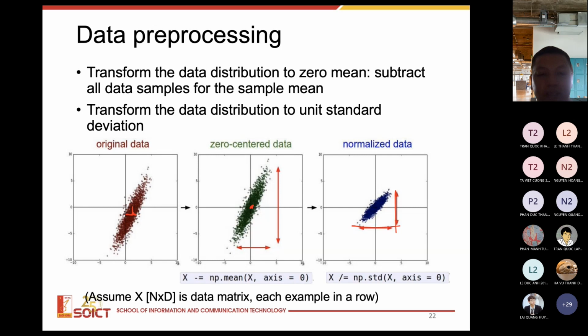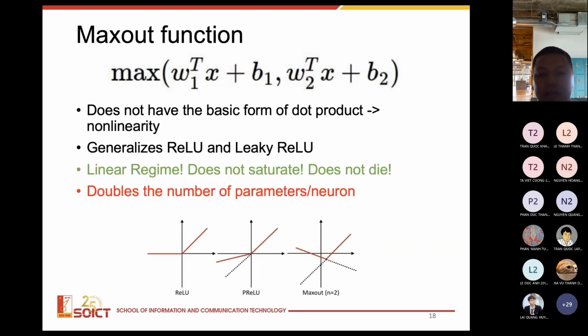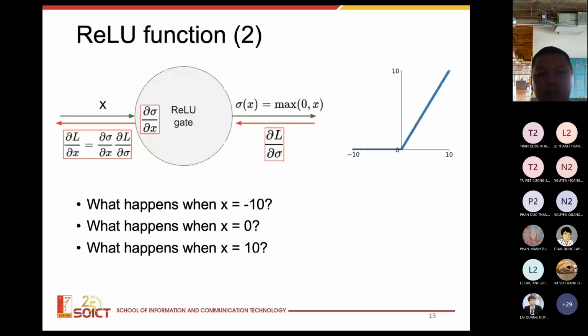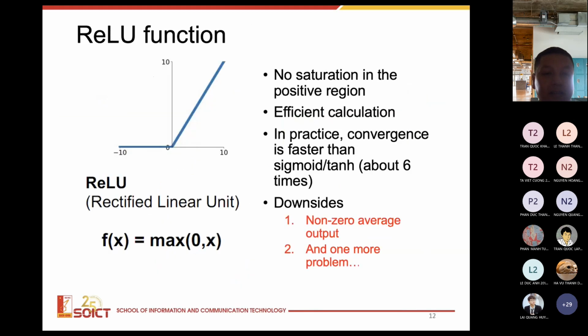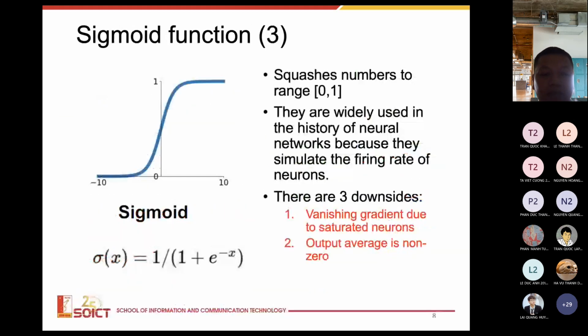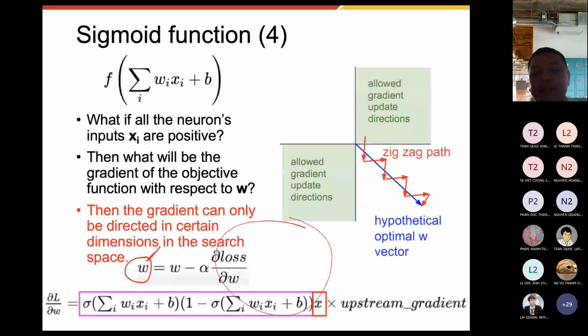By doing this, recentering the data, we can somehow reduce the probability of observing the side effect.